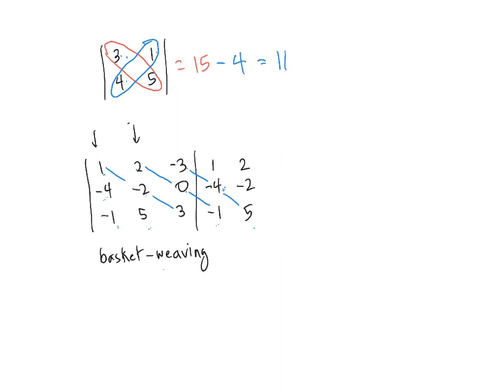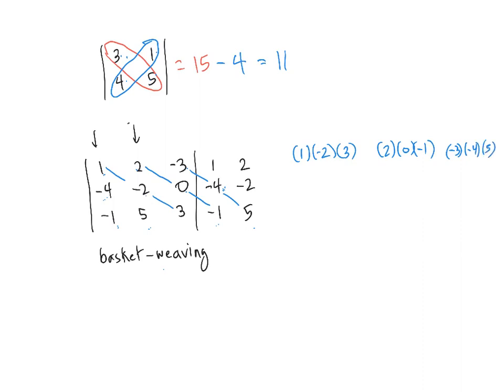So like we did in the 2x2, along these diagonals, we multiply those numbers together. The first diagonal will be 1 times -2 times 3. The second diagonal will be 2 times 0 times -1. And the third diagonal would be -3 times -4 times 5.